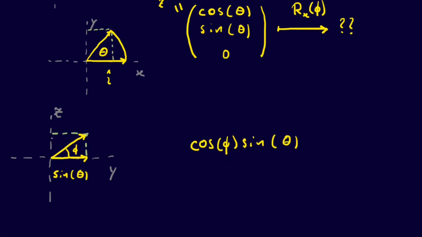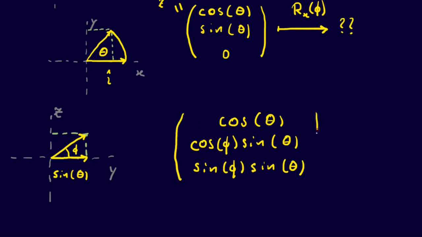And for the z component, we use sine phi instead. Now the x component is unchanged. And what we calculated here is the application of our linear transformation T, first rotate by theta around the z-axis and then rotate by phi around the x-axis, applied to i hat. So that's the first of our 3 calculations that we need to do to find the matrix.